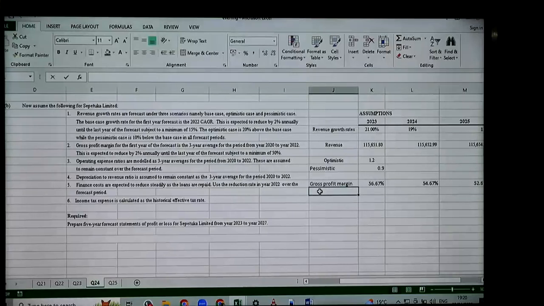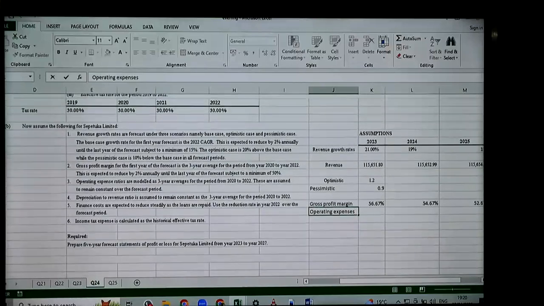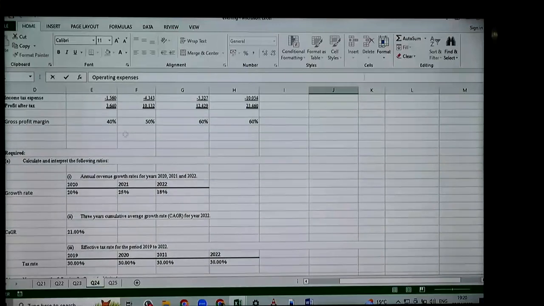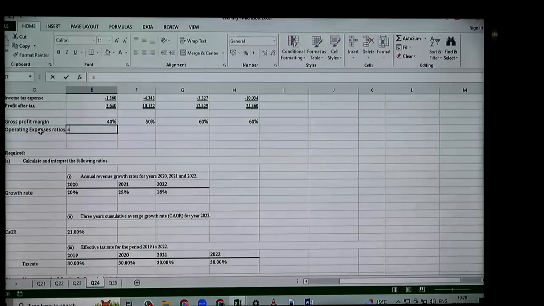So here, operating expense ratios. Our operating expense ratio will be our operating expenses divided by our sales. So we'll come here, operating expense ratios, tab, equals.